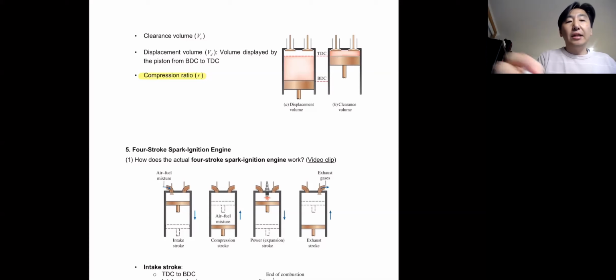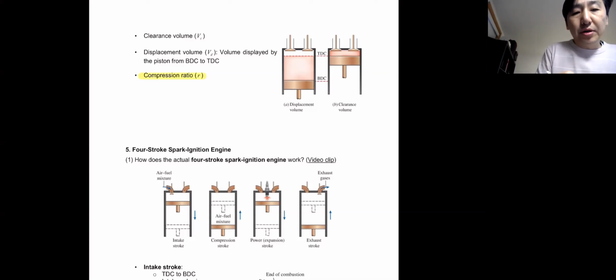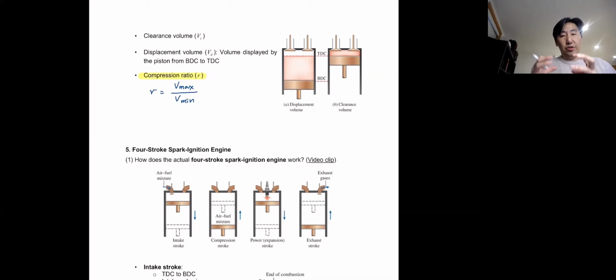And now, how can we define the compression ratio? The compression ratio, and we use r as a symbol, is defined as V maximum divided by V minimum of the air that takes your cylinder.